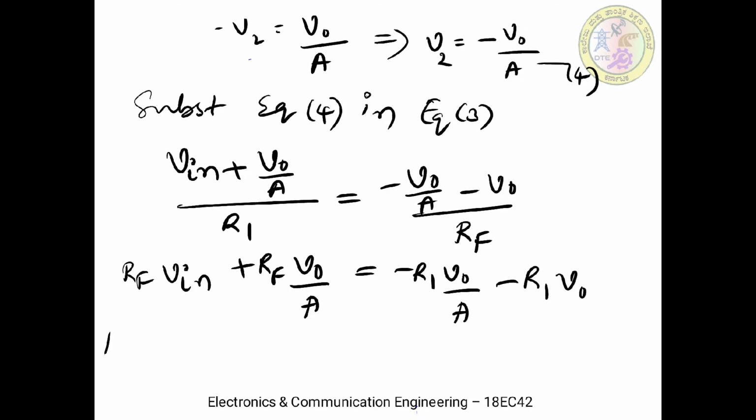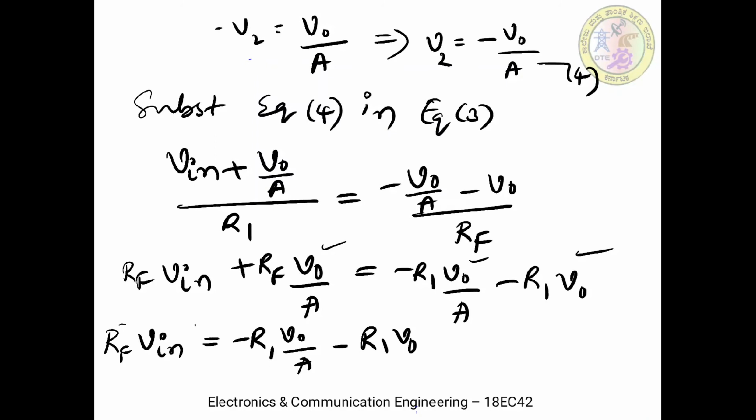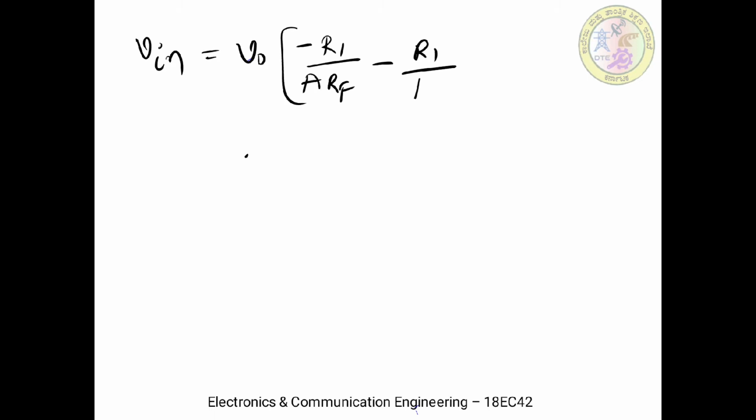We can see that three terms contain the V0 term, so we can group them together: RF into V in equal to minus R1 V0 by A minus R1 V0 minus RF V0 by A. Further, as V0 is a common factor, it is possible to write R1 by A into RF minus R1 by RF minus RF by A into RF. It is just a rearrangement of the terms.